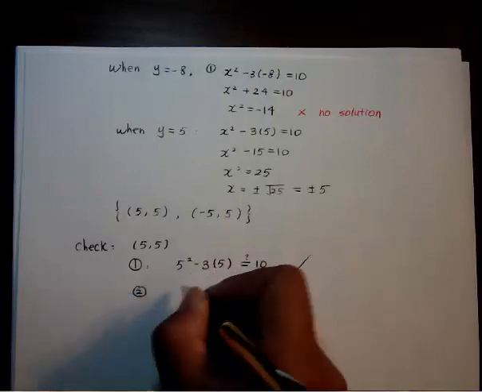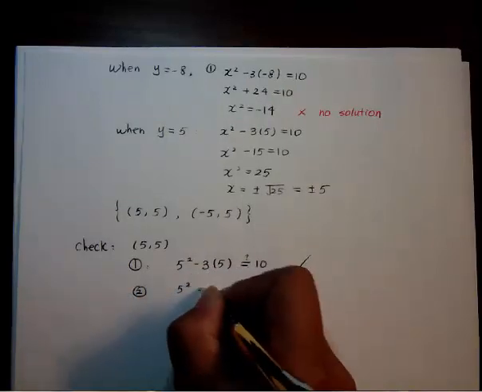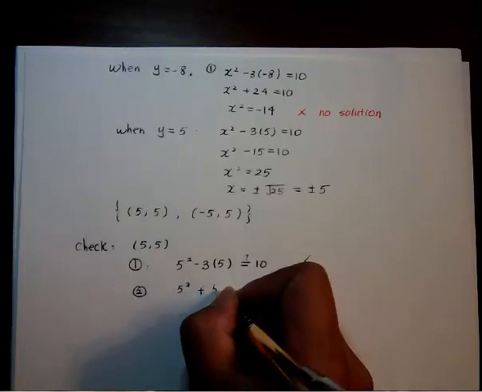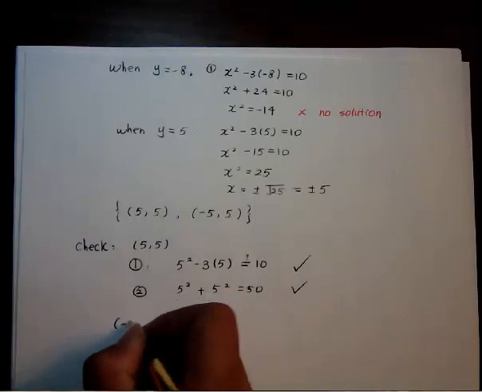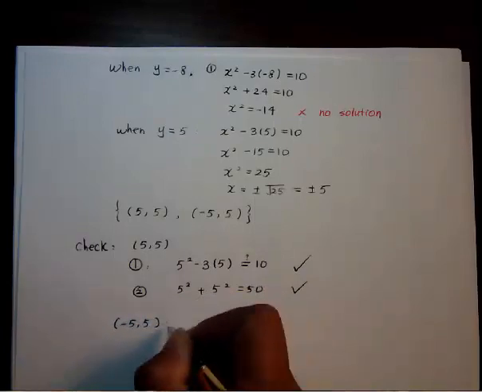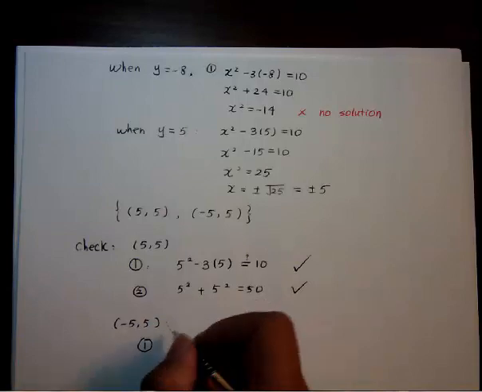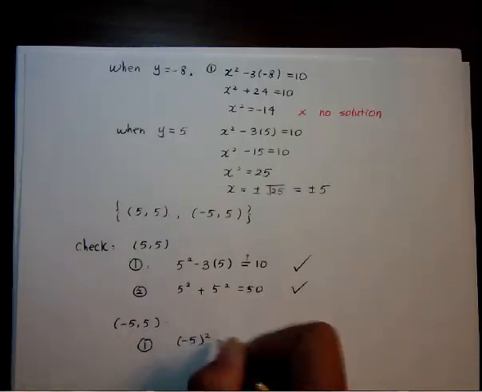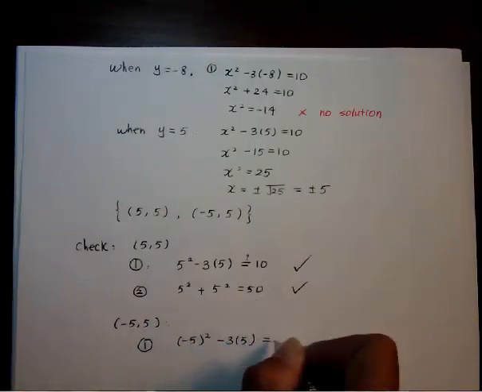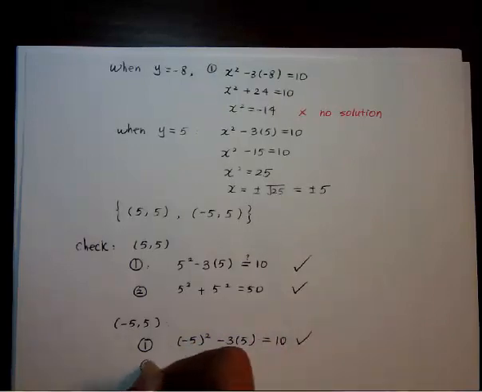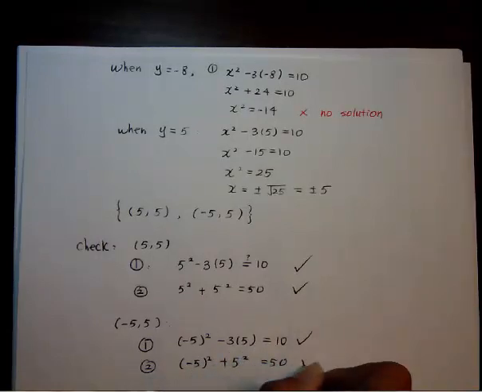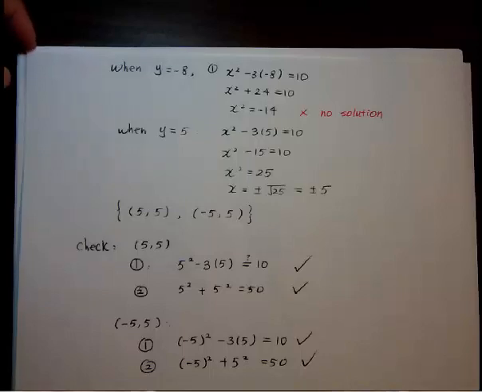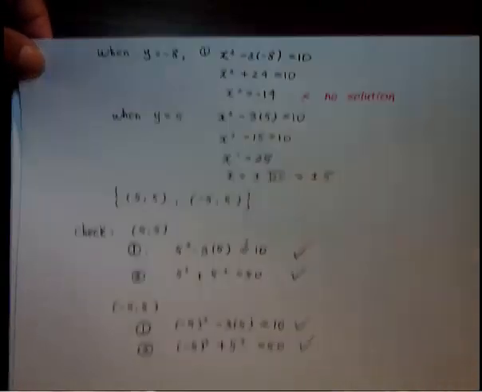Second equation is x squared plus y squared. Is that equal to 50? Correct. How about the other pair? For equation 1, we check that negative 5 squared minus 3 times 5, yeah, is equal to 10, correct. And the second, negative 5 squared plus 5 squared, is that equal to 50? Yes. Okay, therefore, the solution is this set: 5, 5 and negative 5, 5.